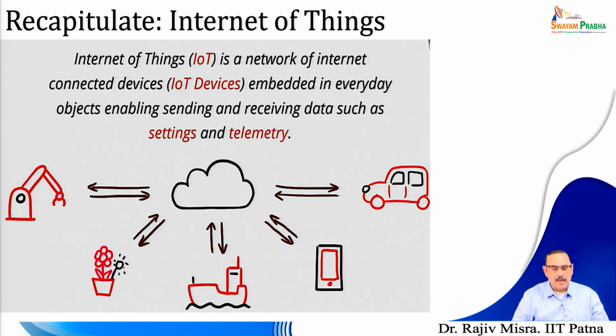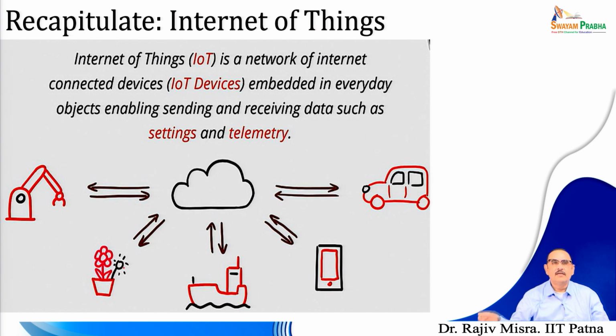Now, let us recapitulate what do we mean by Internet of Things. Internet of Things is a network of internet connected devices, they are called as IoT devices, embedded in everyday objects, enabling sending and receiving data such as setting and telemetry.